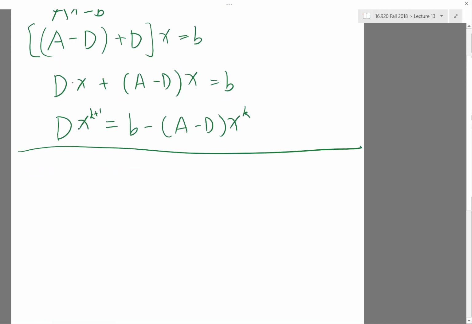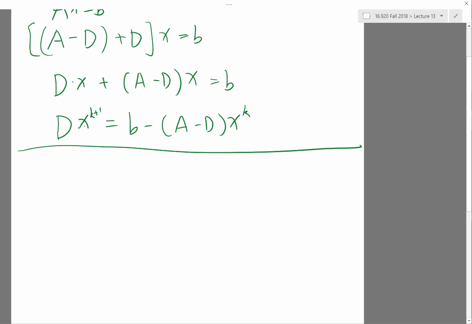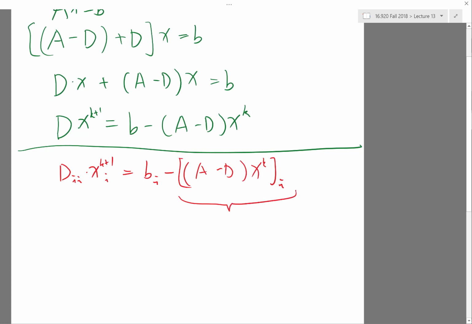All right. So D times x^(k+1) is essentially, if you look at a particular grid point in 1 dimension, d_ii times x^(k+1) at the ith grid point equal to b_i minus (A minus D) times x^k at grid point i, which we should focus on, because once we figure out what this is, we can just plug it into an algorithmic implementation.